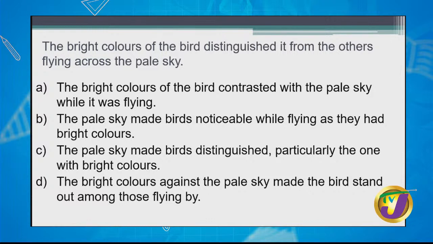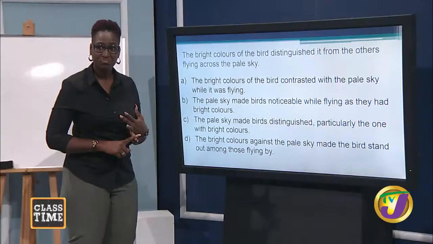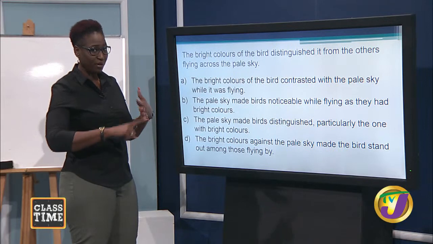All right, so we have the pale sky, we have bright colors. The next one says, the pale sky made the birds distinguished, particularly the one with bright colors. All right. And the last one says, the bright colors against the pale sky made the birds stand out among those flying by. Now, all of these mentioned the birds, the pale sky, and the bright colors.